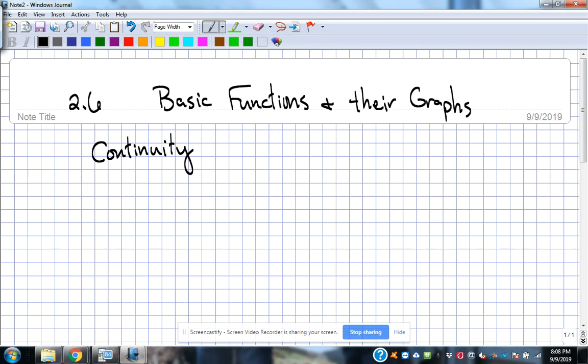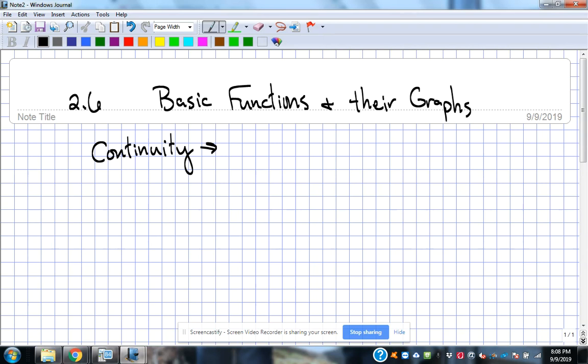That's the root word there, continue. Continuity is dealing with a function over an interval. That interval may or may not be the whole domain. They may tell you to only look between the X value of 7 and 106. Or they may tell you where to look, but they may ask you about the entire domain for it. So it could be various things there.